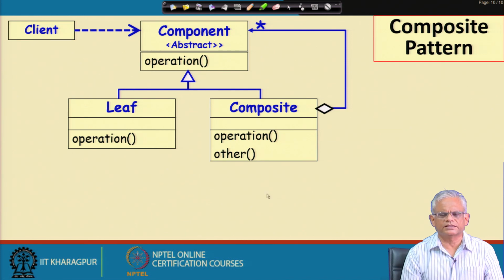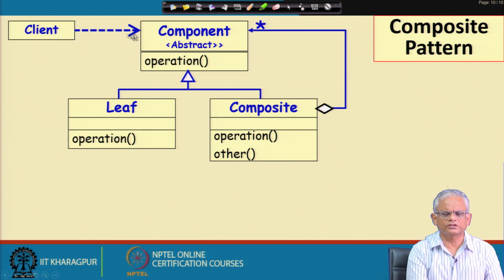The first is the class diagram. This is a very elegant solution, and if we say composite pattern, this must come immediately to mind: there is an abstract component, and then there are primitive leaf elements, and then there are composites. A composite contains many components, and each component can be a leaf or a composite.